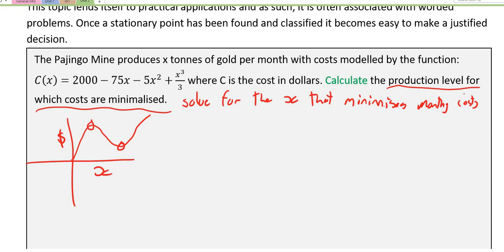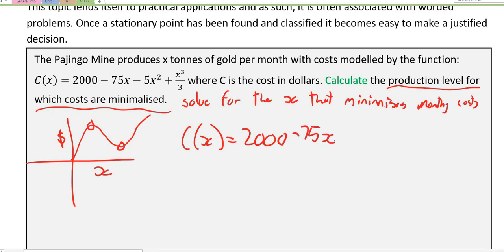Let's do it. So we have our function cost of x equals 2000 minus 75x minus 5x squared plus x cubed on 3, and we want to differentiate this. So we want to find the change in cost.